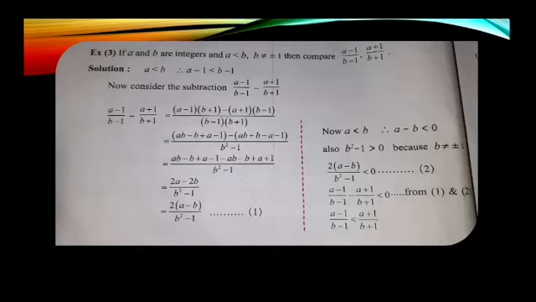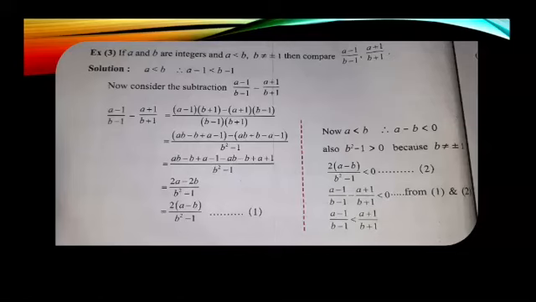So what we are doing, children, is multiplying a minus 1 by b plus 1, that is the denominator of the other fraction. Similarly, we multiply b minus 1 by a plus 1. In short, we are doing cross multiplication.